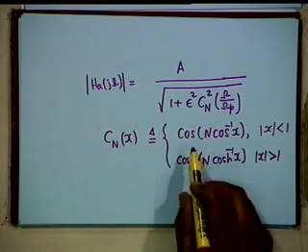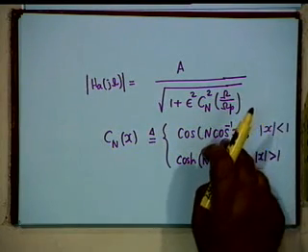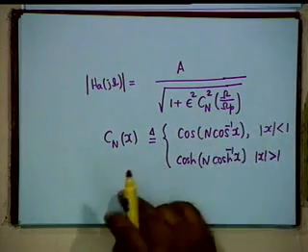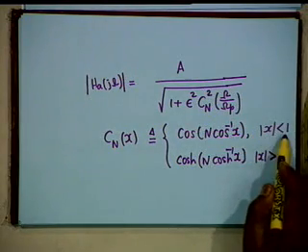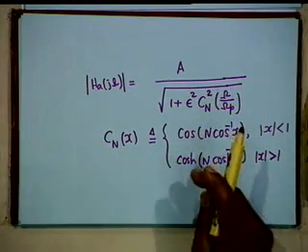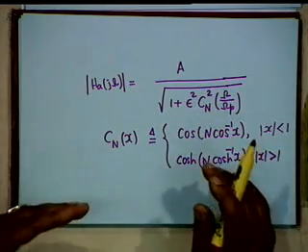Now you know that the cosine function is oscillatory, and this is what gives rise to oscillations or ripples in the passband for mod x less than 1, that is omega between minus omega p and plus omega p, and the magnitude function is even, and therefore it suffices to consider 0 to omega p.